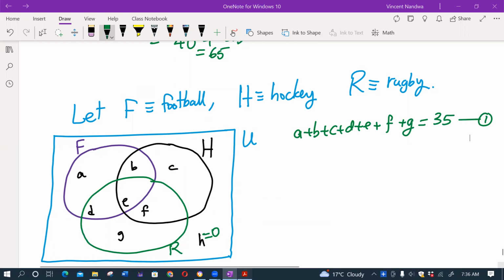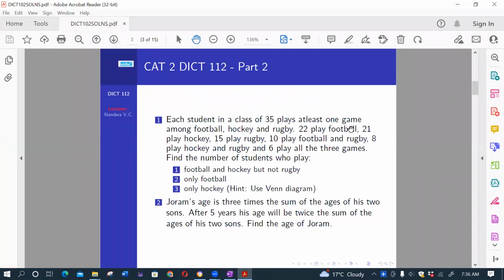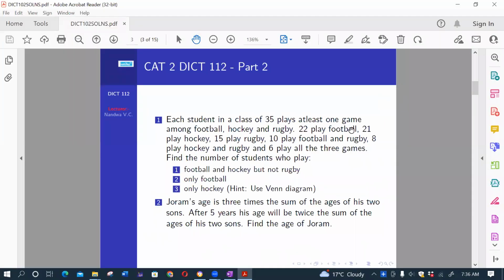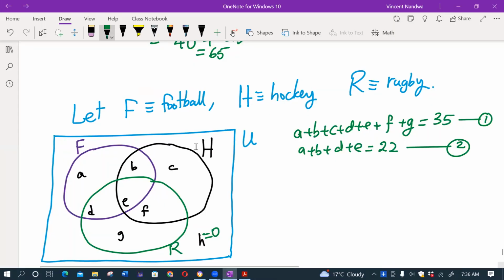Then we have been told that 22 play football. And in our diagram, football is this purple circle. So A plus B plus D plus E gives 22. Let's call it equation 2. Further, 21 play hockey, and hockey is the black circle.